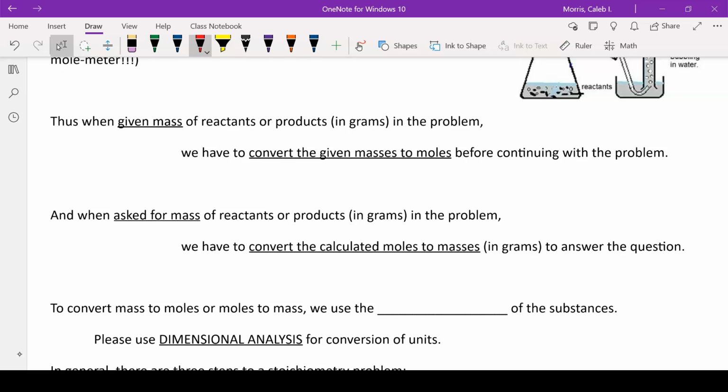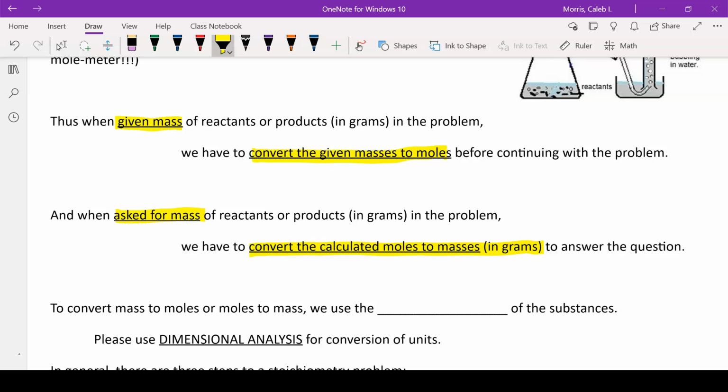So again, if you're given mass of reactants or products, we have to convert to moles. But if we're asked for mass, then we're going to find what we're looking for in moles and convert the calculated moles into mass in grams.